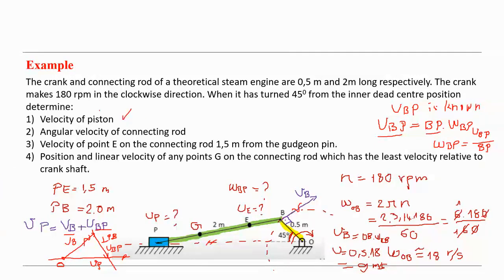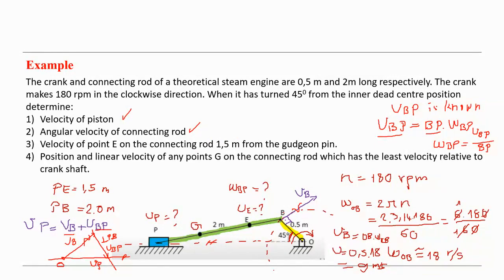So that means we calculated the velocity of the piston, and we also calculated the angular velocity of the connecting rod. The next one is the velocity of the point A on this coupler A, whose length is 1.5.